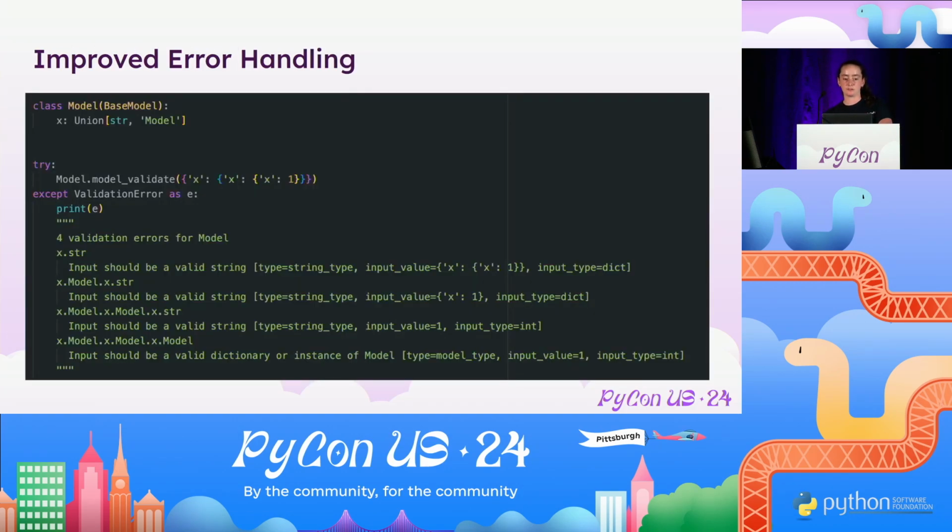Tagged unions also offer improved error handling, which is quite wonderful. So here's an example of validating data with a union type, and we're not using a discriminated union here. So you can see that this is a bit of a nested structure. The X field of model can either be of type string or the model type, and then we're validating this nested structure.